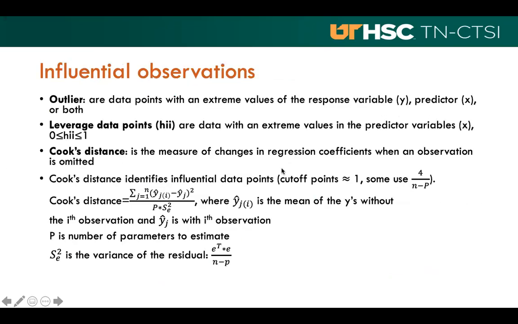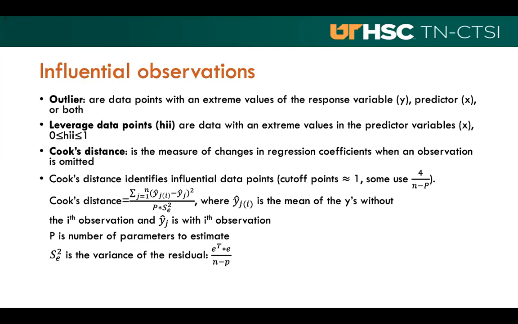The last assumption for linear regression is looking at outliers, extreme observations, and influential observations. Outliers are data points with extreme values of the response variable y, or the outcome variable, the predictor variable, or x variable, or both.